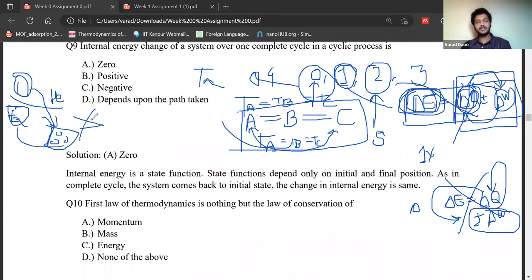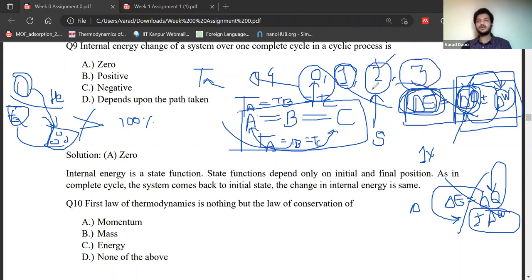We cannot have a solar cell with 100% efficiency, because there is a thermodynamic limitation which says the entire amount of heat cannot be converted into work. However, work can be 100% converted into heat. So that is the second law of thermodynamics.